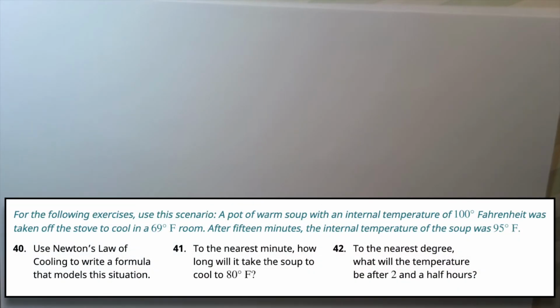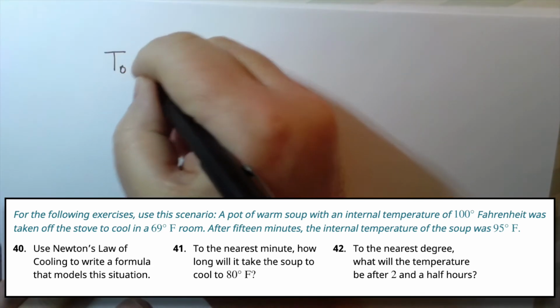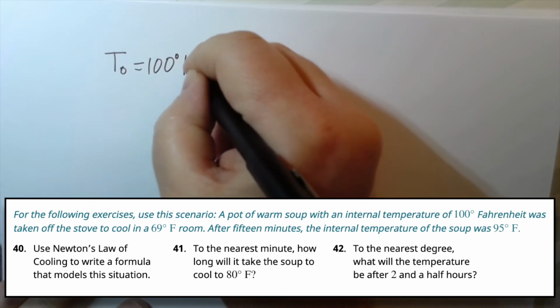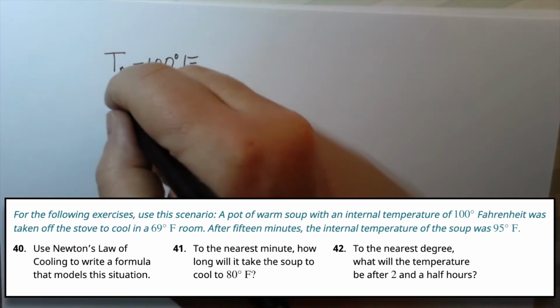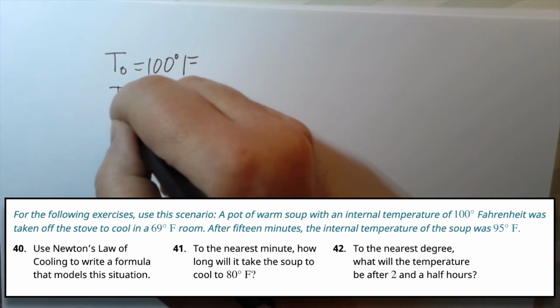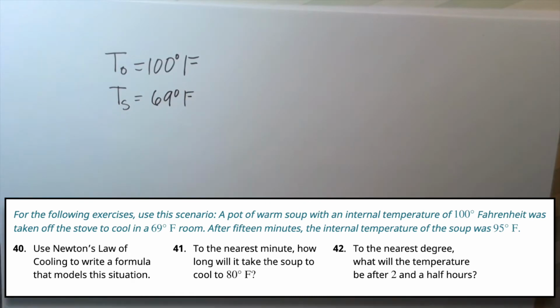Alright, so this one, let's try Newton's law of cooling here. For the following scenario, they take a pot of soup off with an internal temperature of 100. So that's our initial temperature of the object, 100 degrees Fahrenheit.